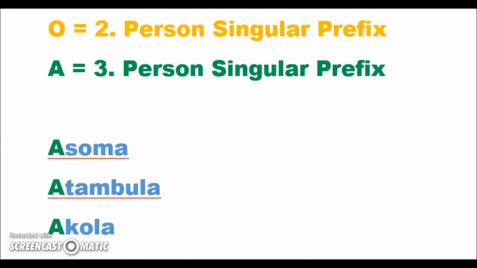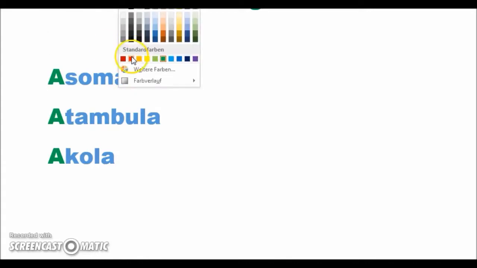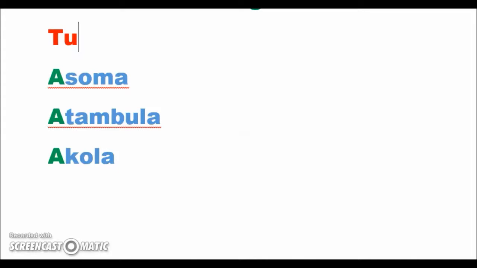Now let's take a look at the plural. In order to say we work, we walk, and we read, we attach the first person plural prefix, which is tu.